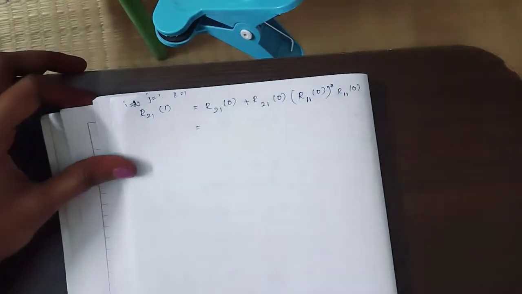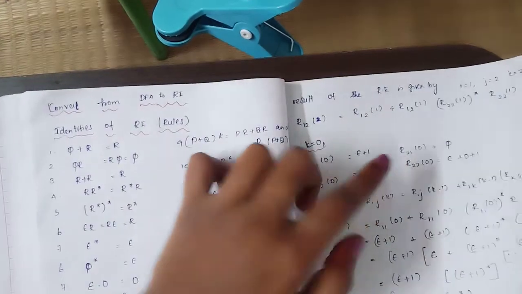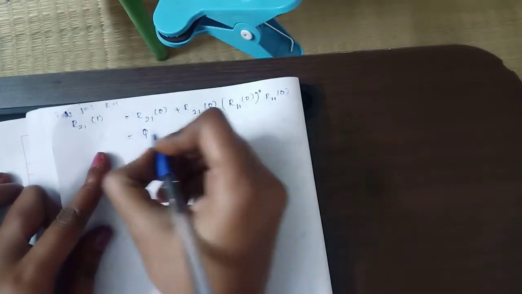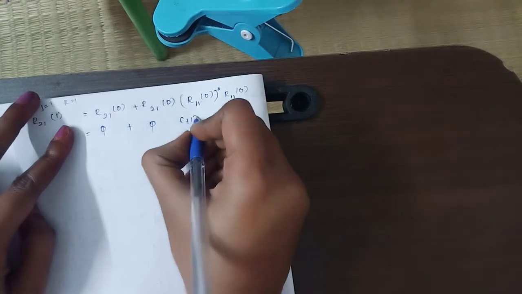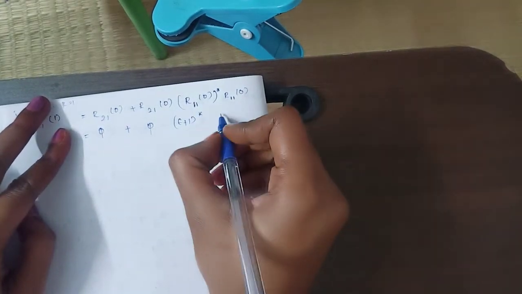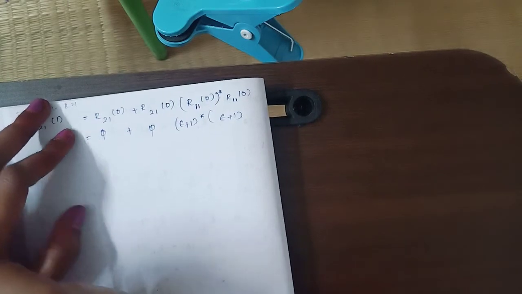So r1, so we have substituted this value. So r21 of 0 plus this is also φ. After that, r11 of 0 will have epsilon plus 1 the whole closure, and you will have again epsilon plus 1 the whole closure. Right.